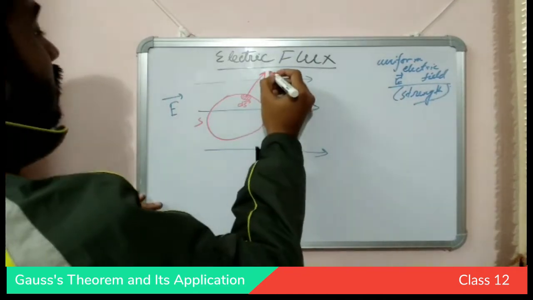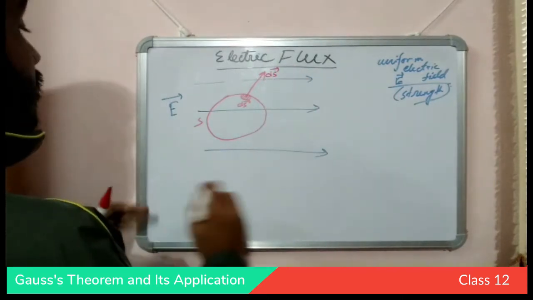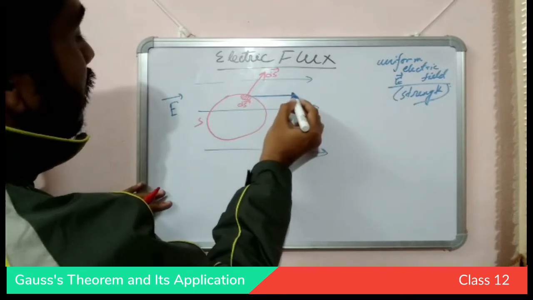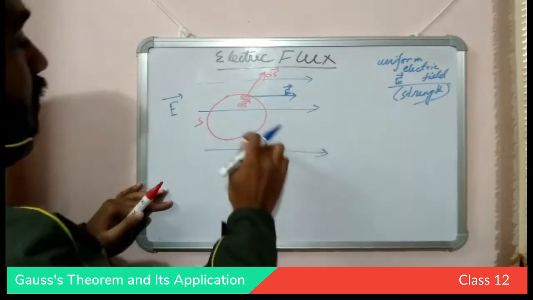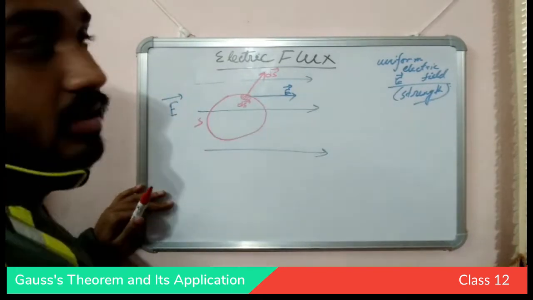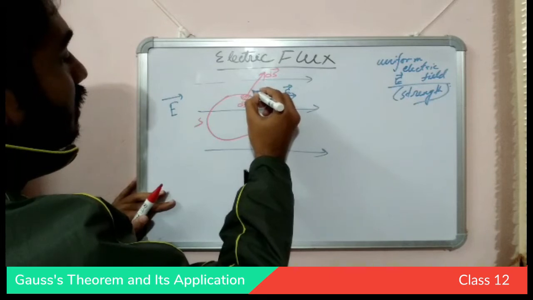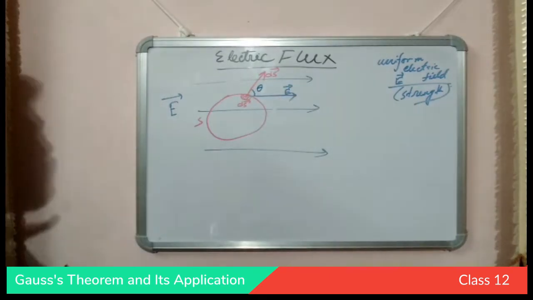So this is the direction of S, and the direction of E at this point will be like this. The angle is clearly not 90 degrees; it forms an angle, let's say theta.